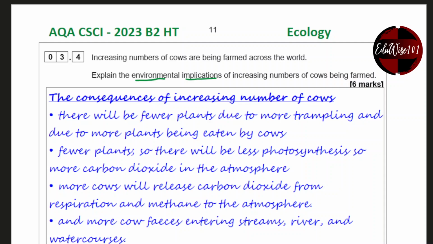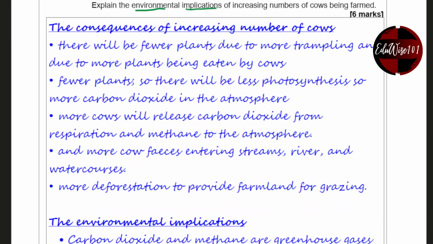More cows will release carbon dioxide from respiration and methane to the atmosphere. And more cow feces will enter streams, rivers, and water courses, and it also leads to more deforestation to provide farmland for grazing, because the land has to come from somewhere, and usually it's just the forest land that is being burnt so that grass can grow in there for the cows to graze.